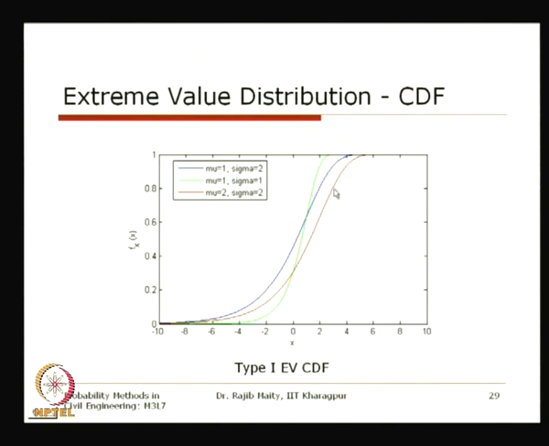It depends on how the distribution is spread over the entire range of the random variable. One correction here: this should be capital F, because by this time you know that the notation we follow for the CDF is capital F subscript X.